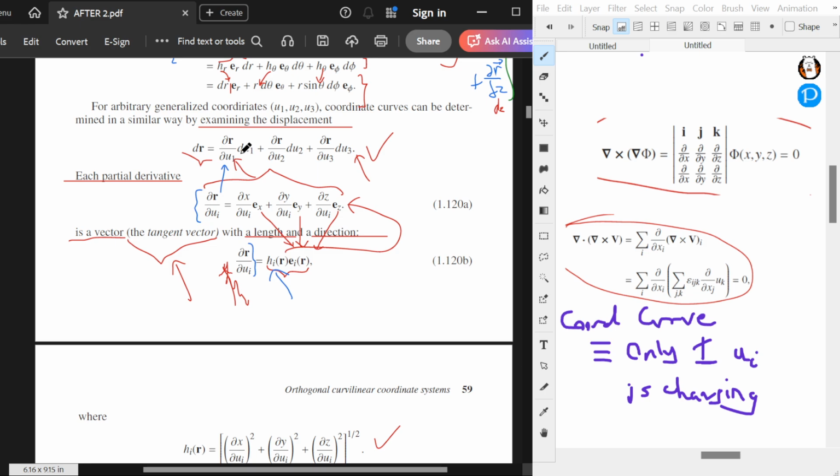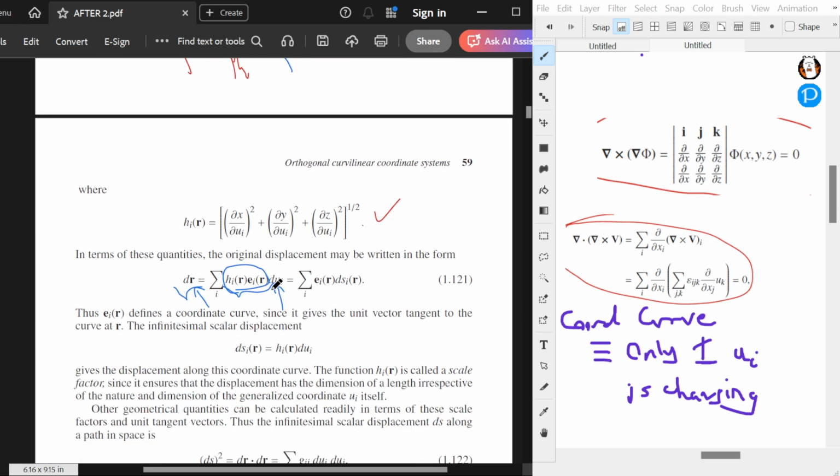Okay, it makes sense because we still have to multiply it by du_i, which is what they have here. So yeah, I agree. And summation a_i. So they pulled out e_i, and they're saying that h_i du_i is equal to ds_i. Okay.